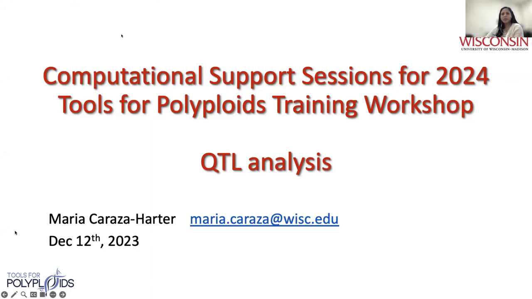Right. So good morning or afternoon, everyone. I'm Maria Caraça Harter. I'm a researcher at the University of Wisconsin. I work in the Jeffrey Endelman Lab. And today I will be talking about two different programs that we use for QTL analysis, GWAS Poly and dia-QTL.